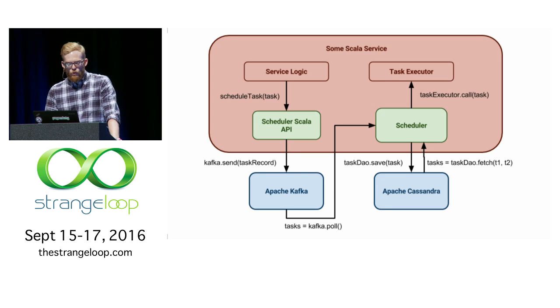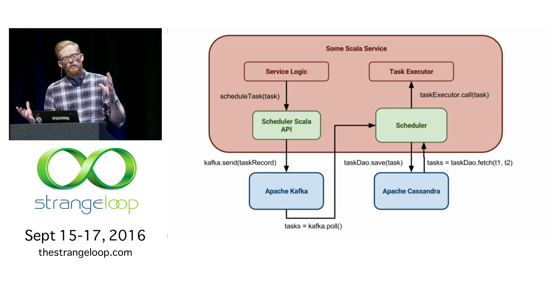On the other end of the queue, you have scheduler itself, which consumes tasks as they are sent. Now, it's always going to persist the task to Cassandra, but if the task is scheduled before a certain time in the future, it's also going to remain in memory. At the same time, scheduler is also fetching tasks out of Cassandra on a regular basis, similar to the old work queue.